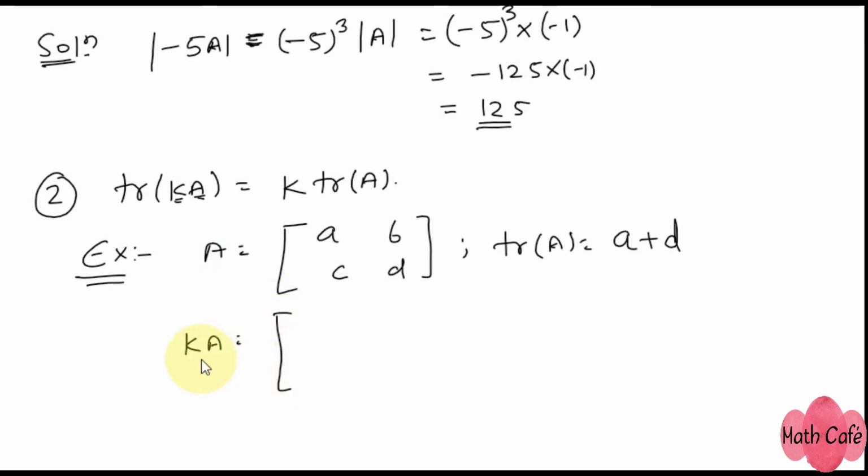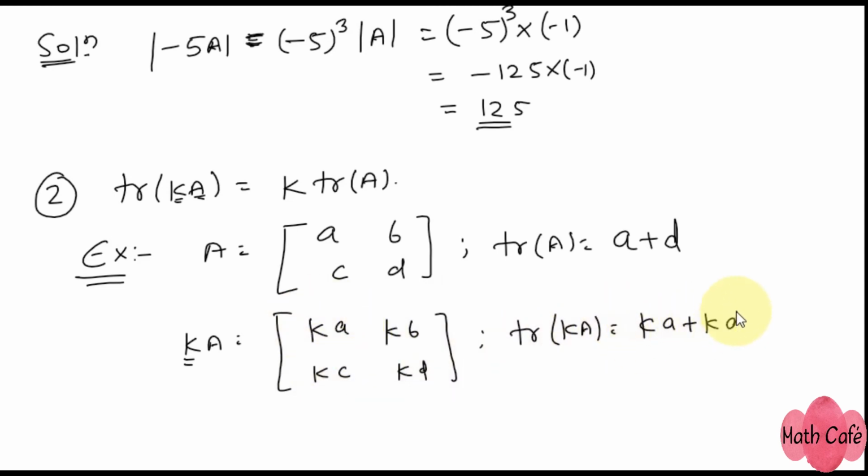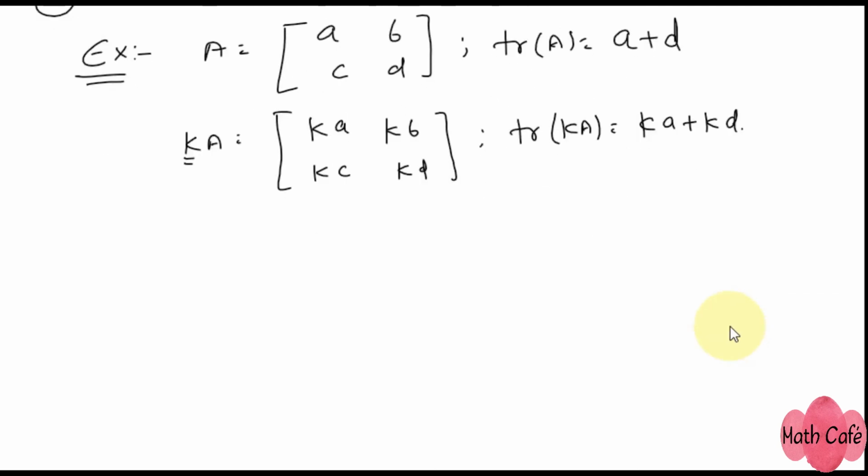Alright, so kA will become, I'm going to multiply k by each of the elements. So here ka, kb, kc and kd. If I'm going to find trace of kA, that will become ka plus kd.